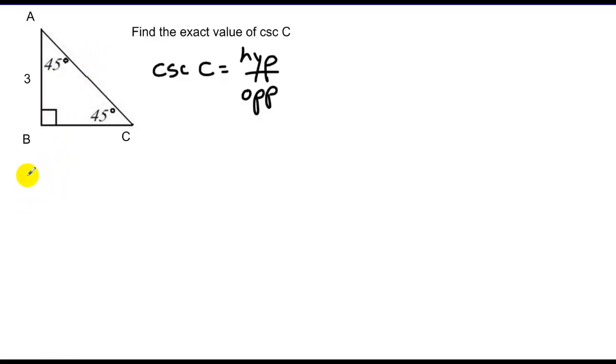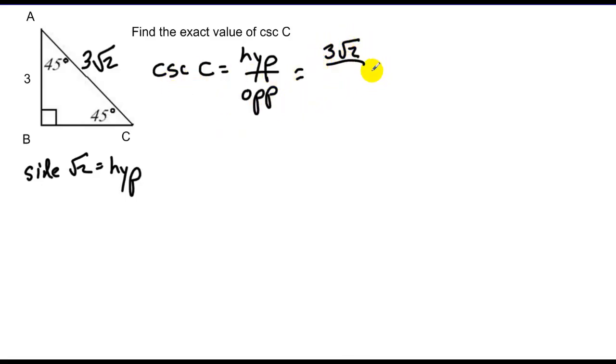I know that the side root 2 equals the hypotenuse in a 45, 45, 90. So 3 root 2 is equal to the hypotenuse. Therefore, the cosecant is the hypotenuse, 3 root 2, over the opposite side, which is 3, and the cosecant is equal to root 2.